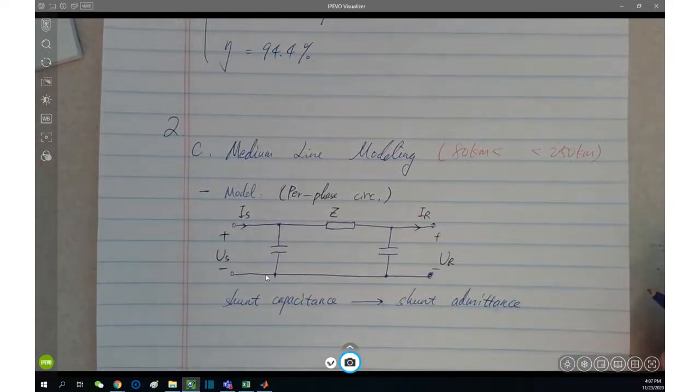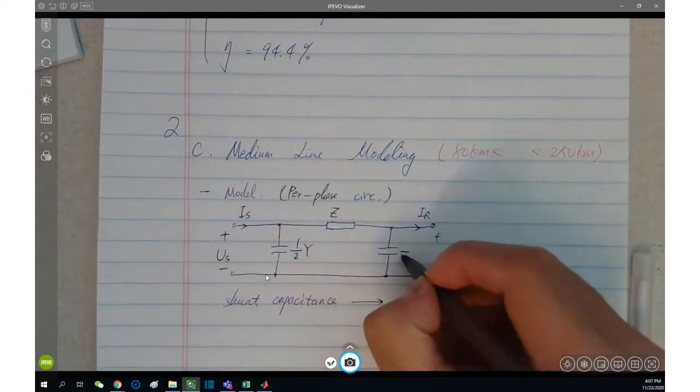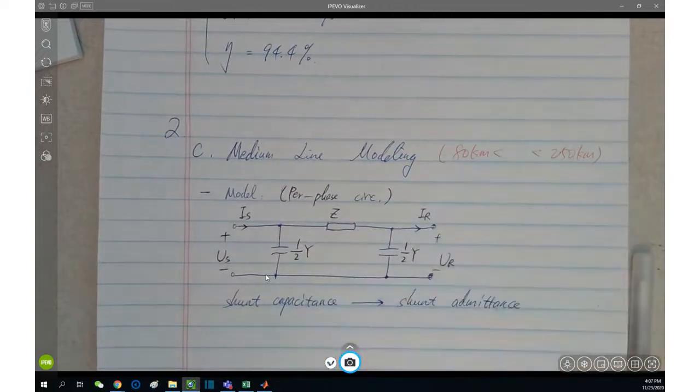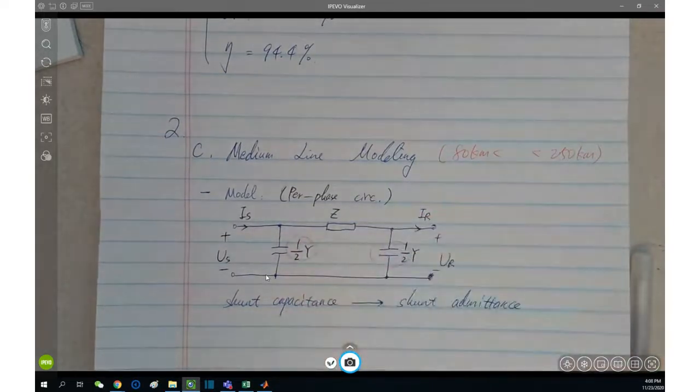The tricky thing is when we label the shunt admittance, this is half, this is another half. The given admittance is actually Y itself. However, in the circuit, each capacitance here is representing half of the admittance. We will see the example for the details.